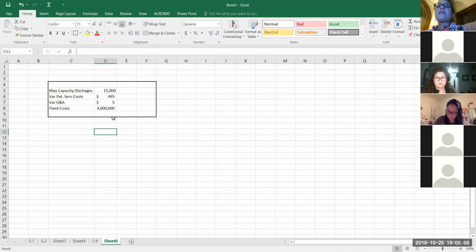So which of these: discharges, variable patient service costs, variable G&A, or fixed costs, which one is considered the units? Discharges. Discharges. That's right.